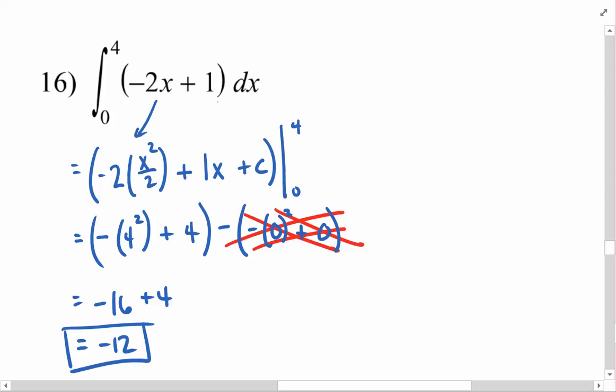Found the antiderivative for each term in the original, evaluated the antiderivative when x was 4 and 0. When x was 0, that whole section of the expression essentially canceled itself out, and I was left with the opposite of 4 squared, which was negative 16, plus 4 came out to be negative 12.